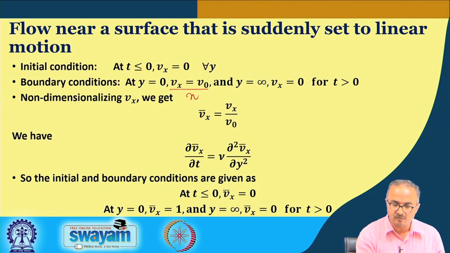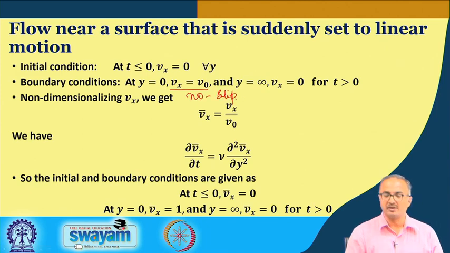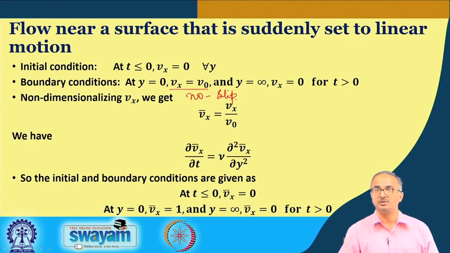So, this is the no slip boundary condition, no relative motion between the fluid and the surface at the surface. And then at y equal to infinity, where infinity here means a long distance from the surface, we do not feel the effect of the drag by the surface. So, at y equal to infinity, Vx is taken to be 0.